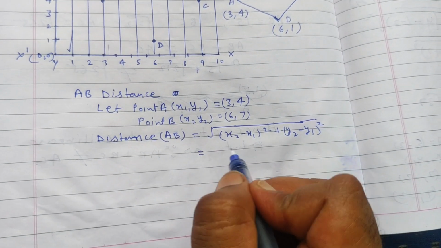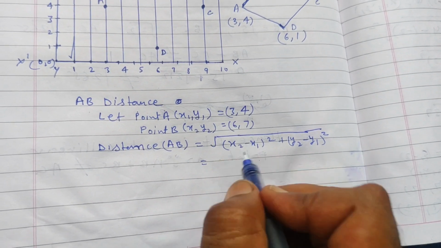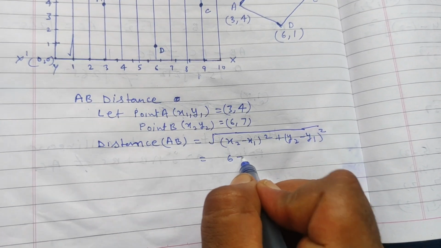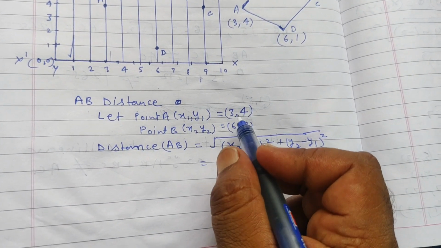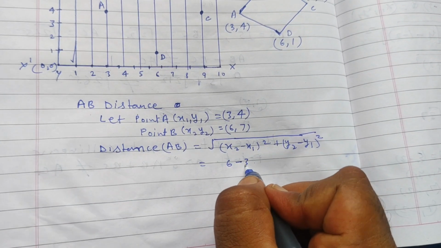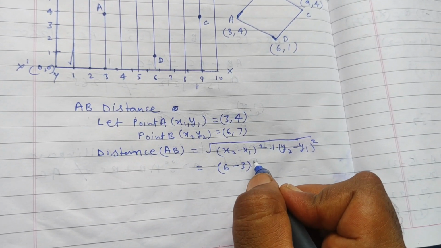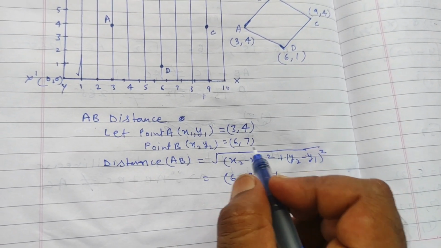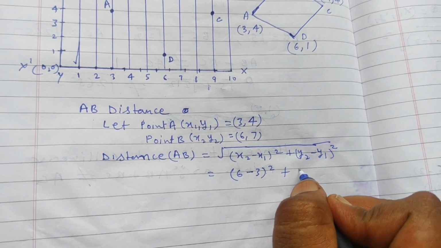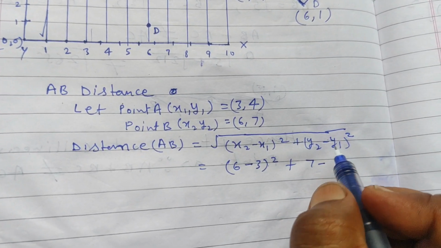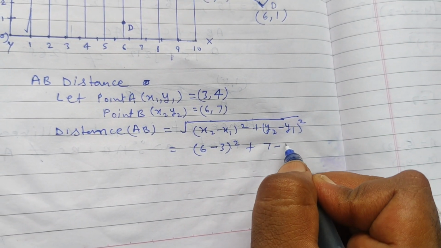Here x2 is 6 minus 3 square, y2 is 7 minus 4 square.